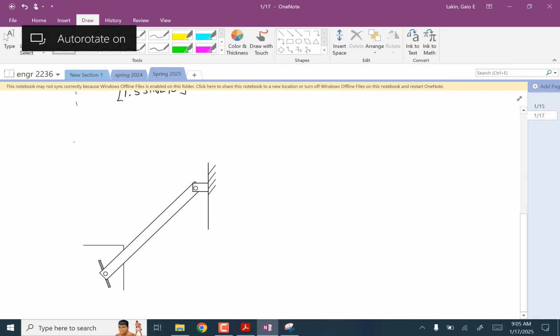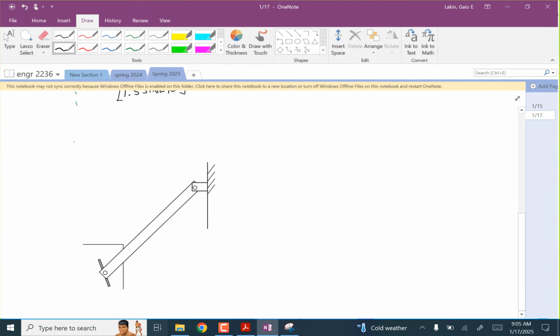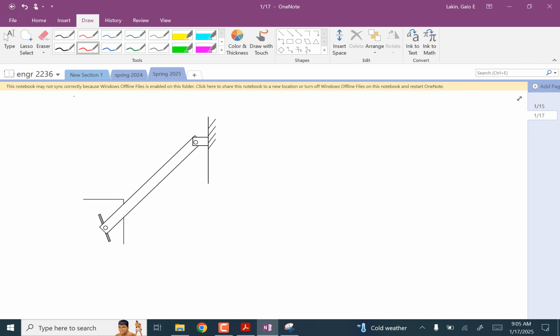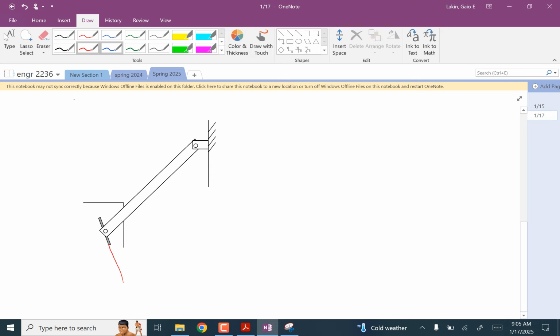Okay, so what we're told is that this slot makes an angle of 20 degrees with the vertical. So this angle is 20 degrees. And one of these questions says, we want a vector with a magnitude of r that's perpendicular to this slot.